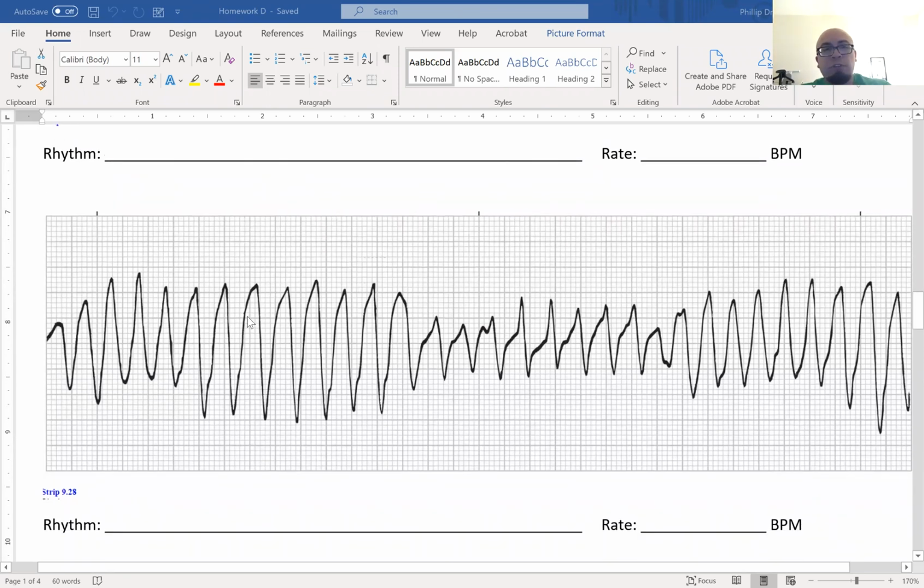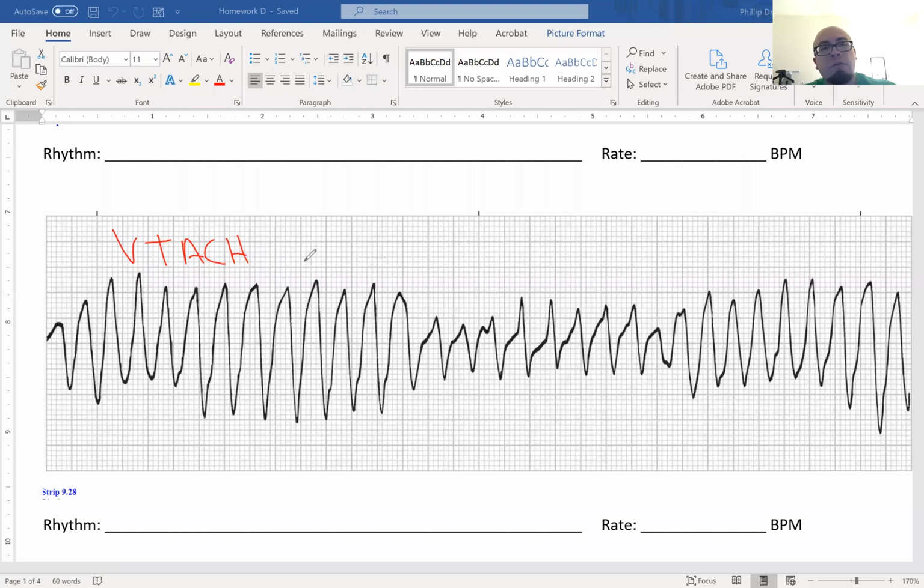Next one, we have our spiky waves here again. We had that earlier, however, it was just one all the way across. Here we have regular spikes, however, the shapes change. What happens when shapes change when we have waves? Well, that means we have different cells firing. So we have VTAC with different ventricular cells pacing.